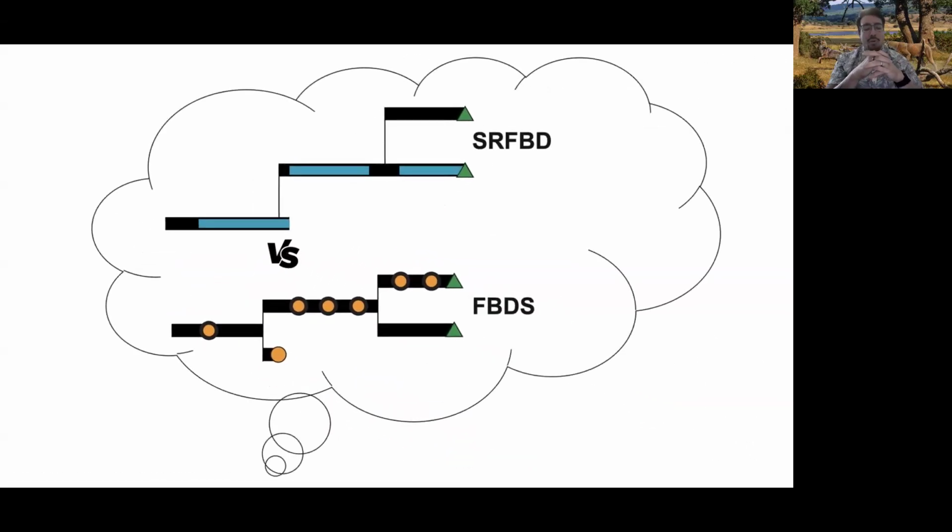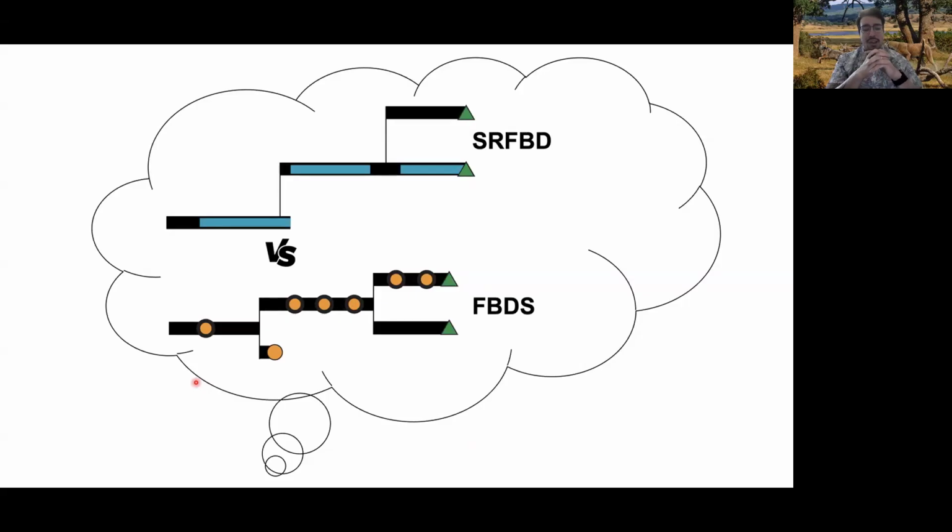So the key question of the second chapter of my dissertation, and that I'm going to present to you here, is: sure, SRFBD might be a more appropriate model for our data. Does that mean it produces more accurate estimates of topology and divergence times than FBD specimen when we apply FBD specimen with that workaround we talked about, right?